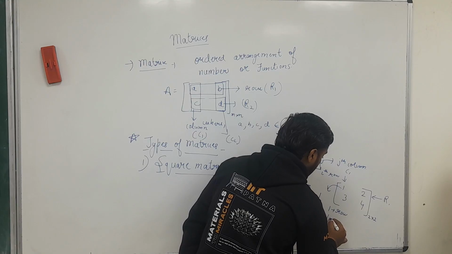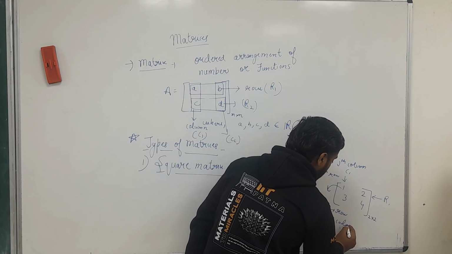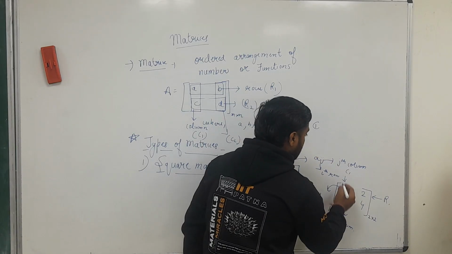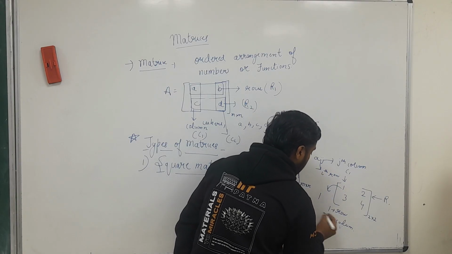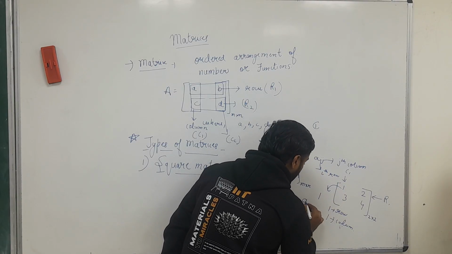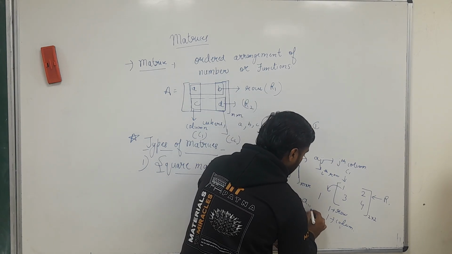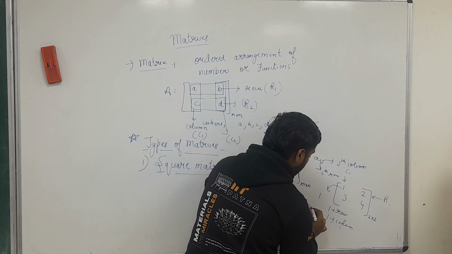So its ij term will be a11. The value of i is 1 and j is 1.